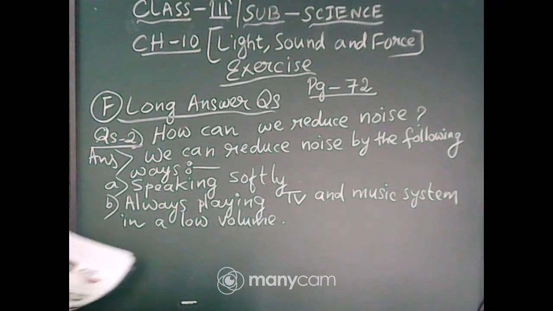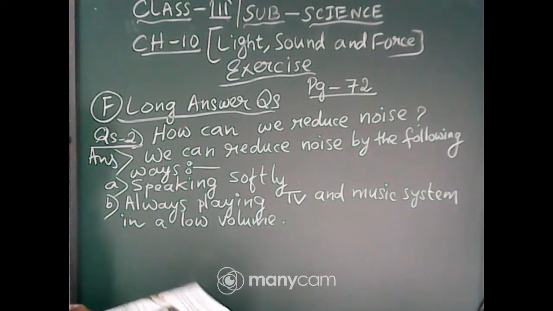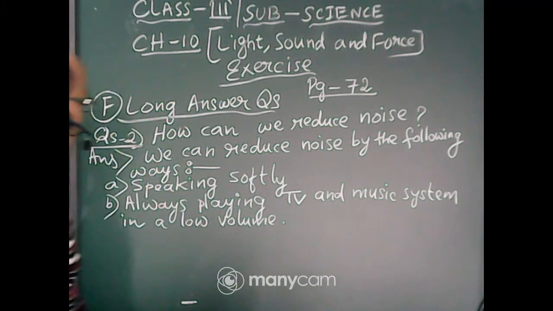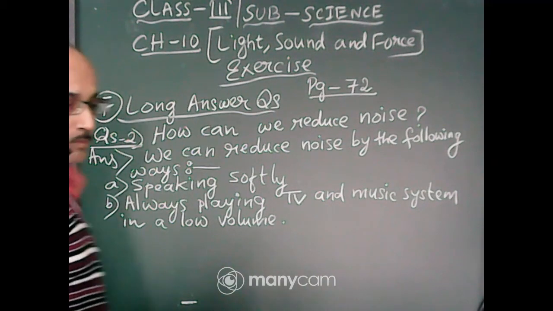So how can we reduce noise? We can reduce noise by the following ways. Number A, speaking softly, and number B, always playing TV and music system in a low volume.